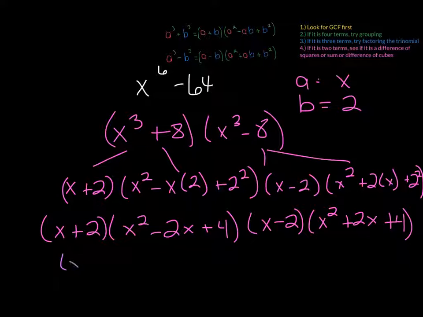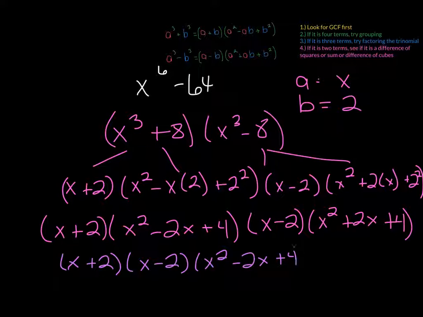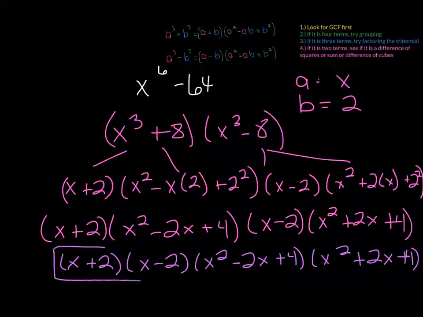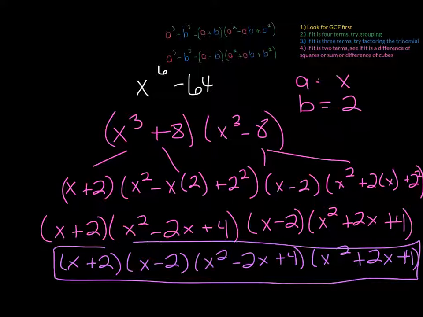Sometimes you can go back and put the binomials first, just because it looks better that way, but technically the order you list the factors is not important. This part would just be a preference here. That would be our factored form.